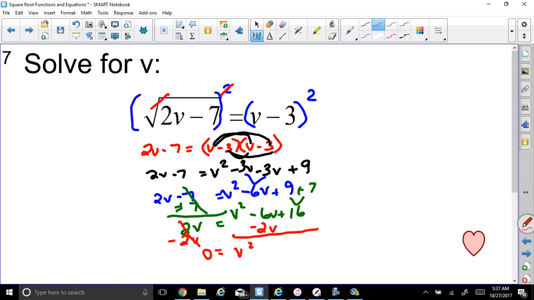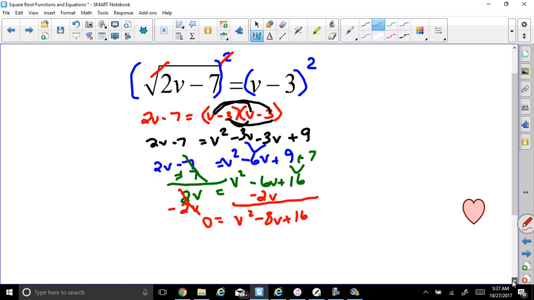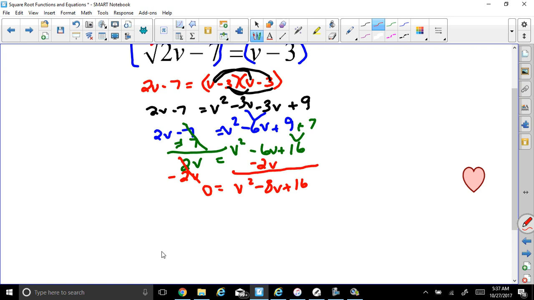We got v squared, we got a negative 6v and a negative 2v. That gives us a negative 8v because we're combining, and we have a positive 16. All right, let us factor. Factoring, if you haven't seen my video on factoring, remember we're doing FOIL backwards.